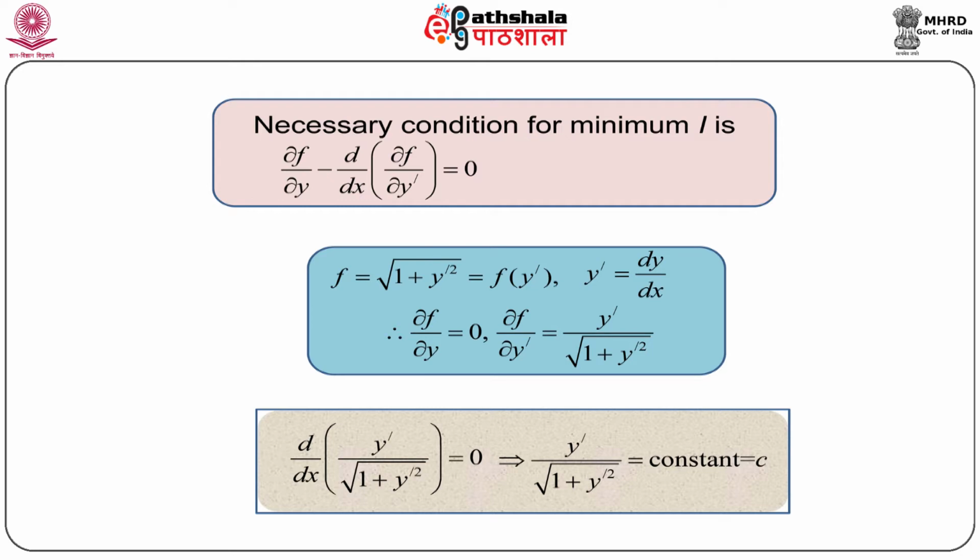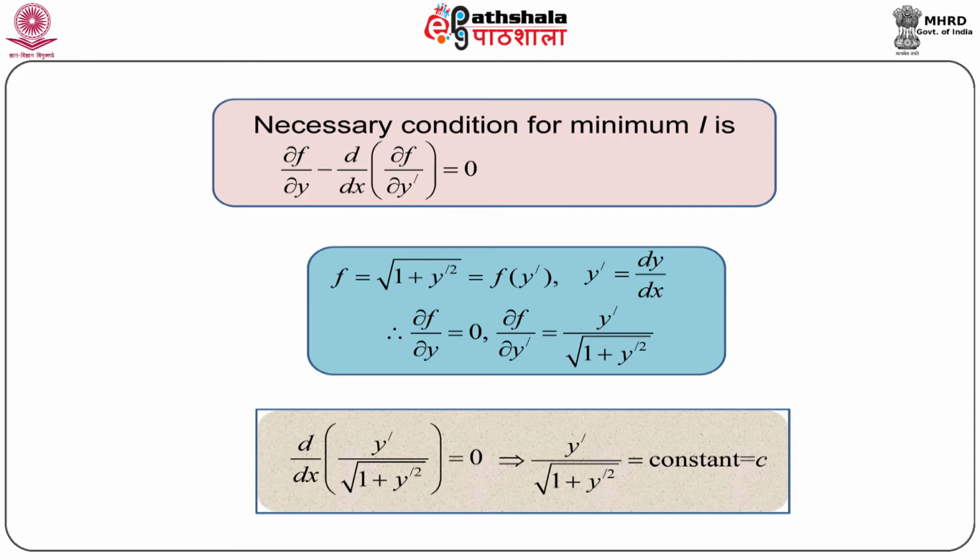Here f is given by square root of 1 plus y dash square, which is a function of y dash. So, f becomes a function of y dash only. Here y dash stands for d/dx operated on y.